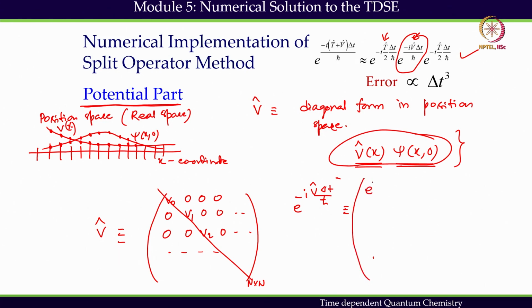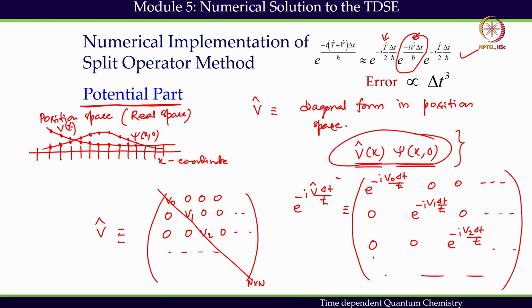e to the power minus i V0 delta t by h cut, 0, 0, then 0, e to the power minus i V1 delta t by h cut, 0, then 0, 0, e to the power minus i V2 delta t by h cut, like this.